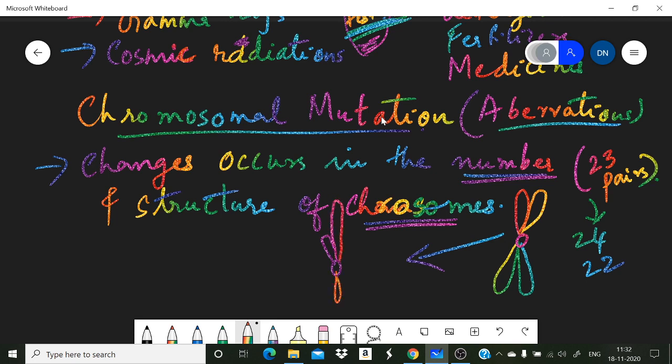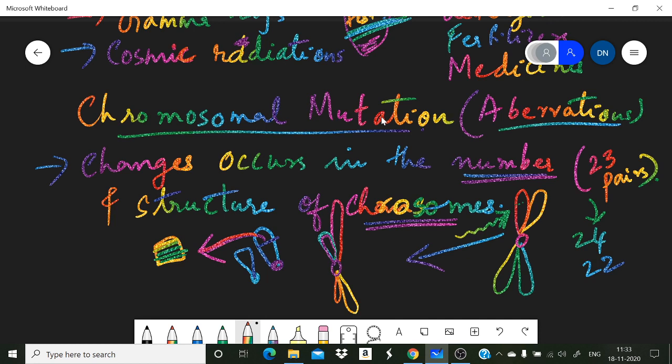So one arm of the chromosome, a portion, suppose here there occurs a cut of this arm of the chromosome, and that arm, that chromatid, may become half of the size. So if this part of the chromosome is cut and injured, or removed, that particular area of the chromosome is removed, this much segment of DNA is getting deleted from that part of the chromosome, and the remaining is only this much.